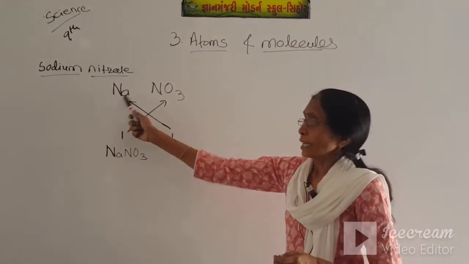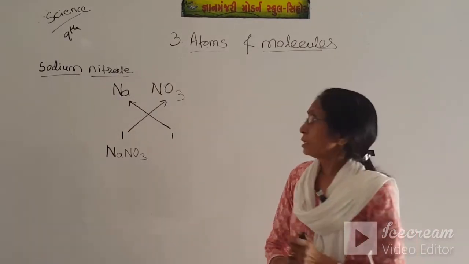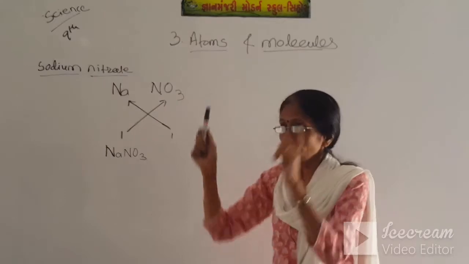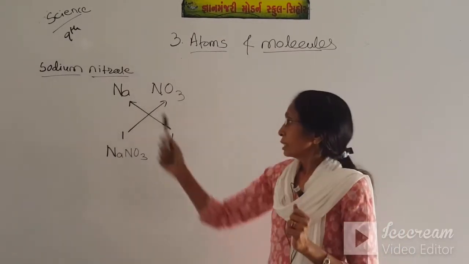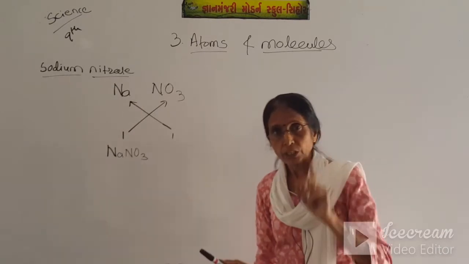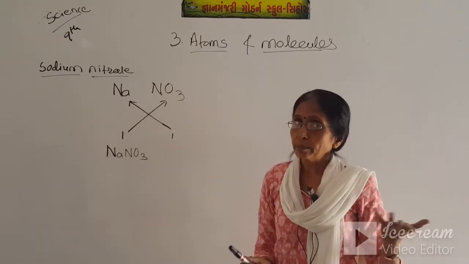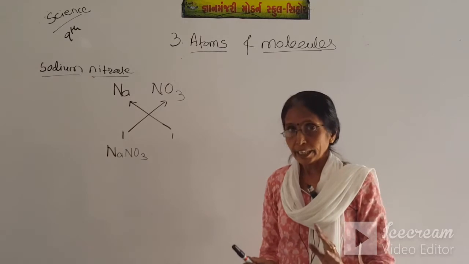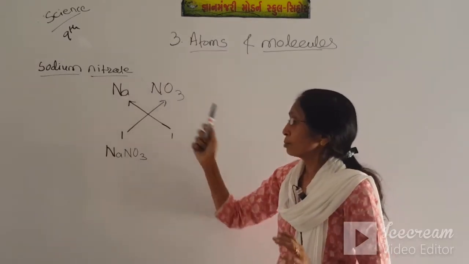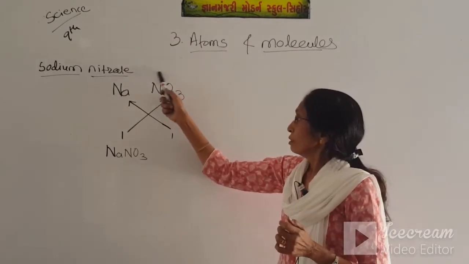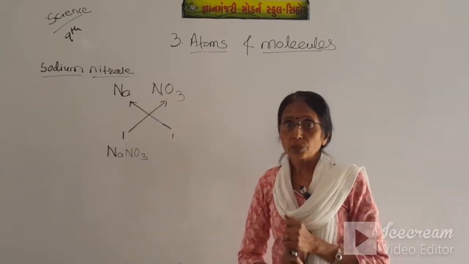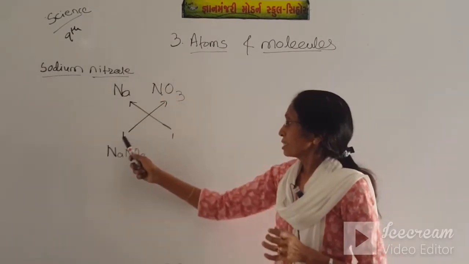See here, Na is just one element. NO3 is not just one element, but it is a compound. Na is just an element because no other atom is there with Na. But here there are three atoms of oxygen. When they combine with one atom of nitrogen, one group NO3 is formed and its valency is 1.